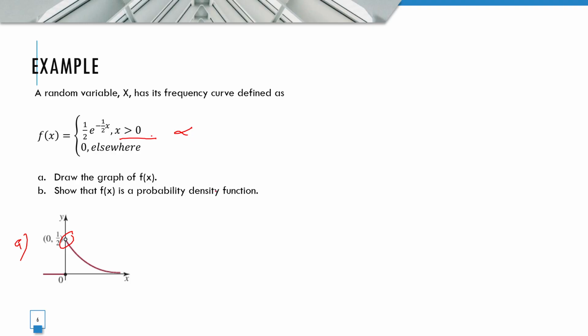When e is raised to 0, that is equal to 1, so times 1 half here, that is equal to 1 half.